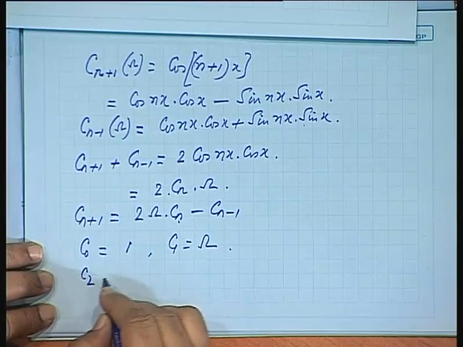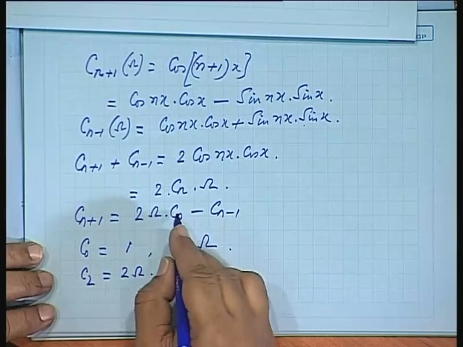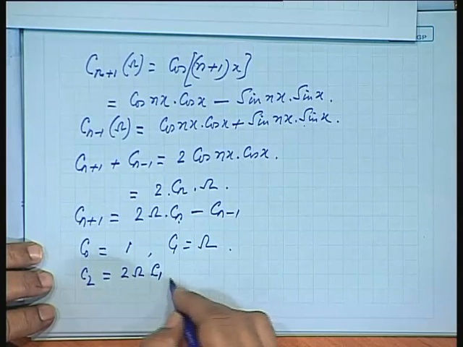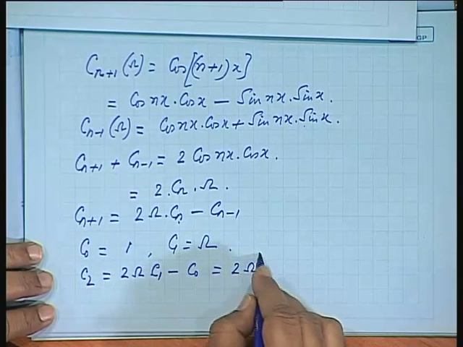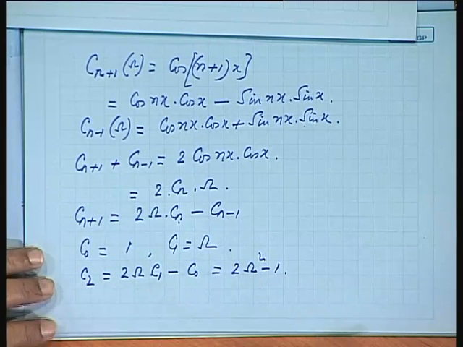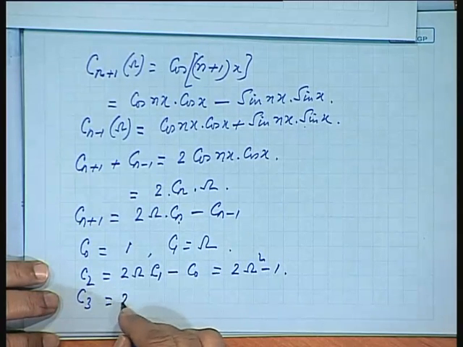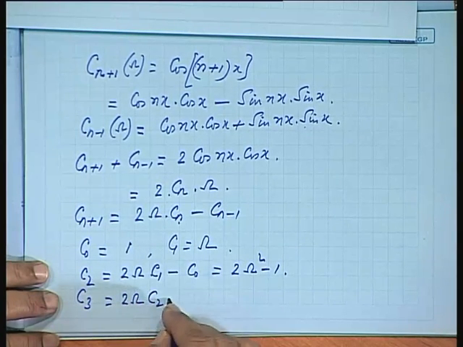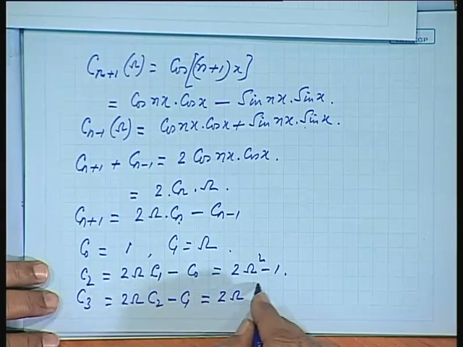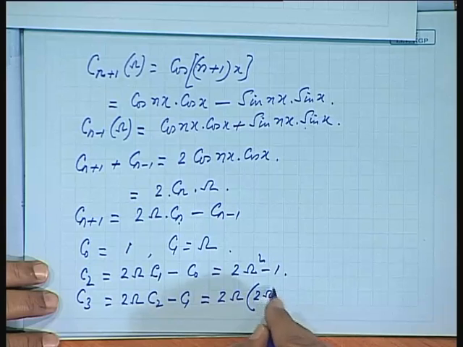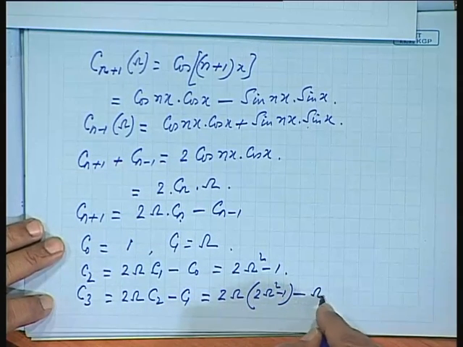So, C2 will be twice omega into C1 minus C0, which is twice omega squared minus 1. Is that all right? Can you generate C3 from there? 2 omega into C2 minus C1, which means 2 omega into 2 omega squared minus 1 minus C1, that is omega.